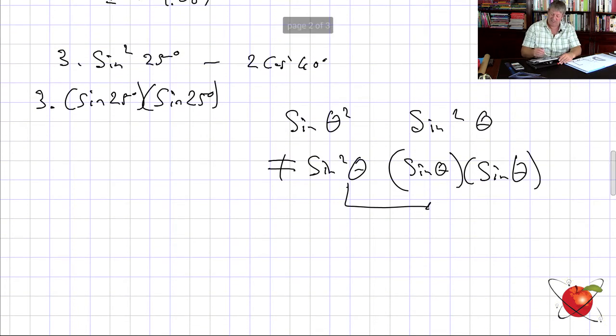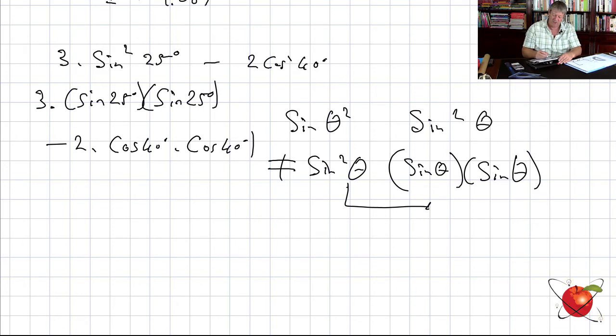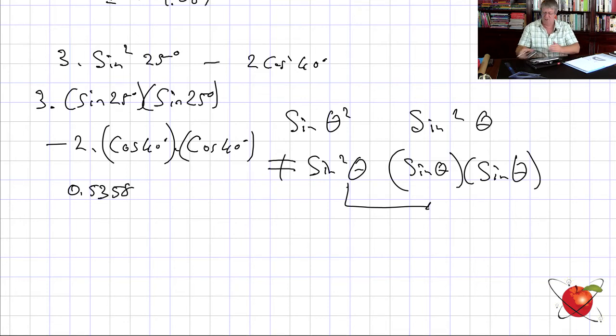Let's move on a little bit, shall we? Well, then we would do the same on the other side. I just haven't got space there. 2 times cos of 40 degrees times cos of 40 degrees. You can choose. I personally always prefer brackets. And that comes to 0.5358. Let me just check again. It's cos of 40 equals that. Then I square it, times, where are we?